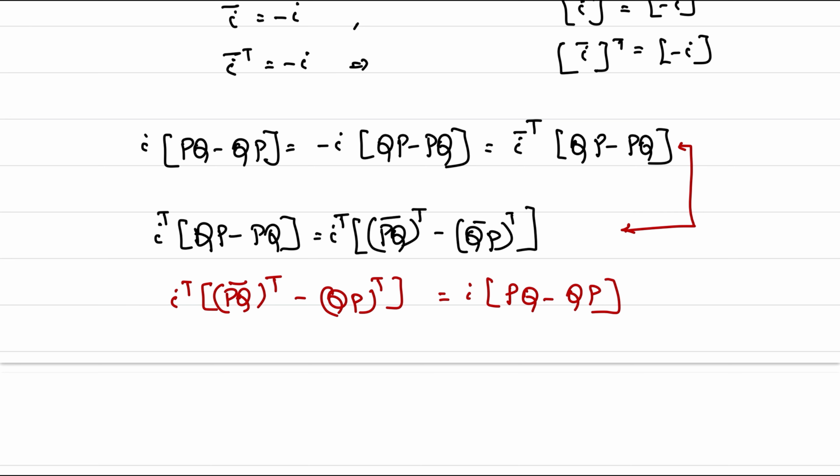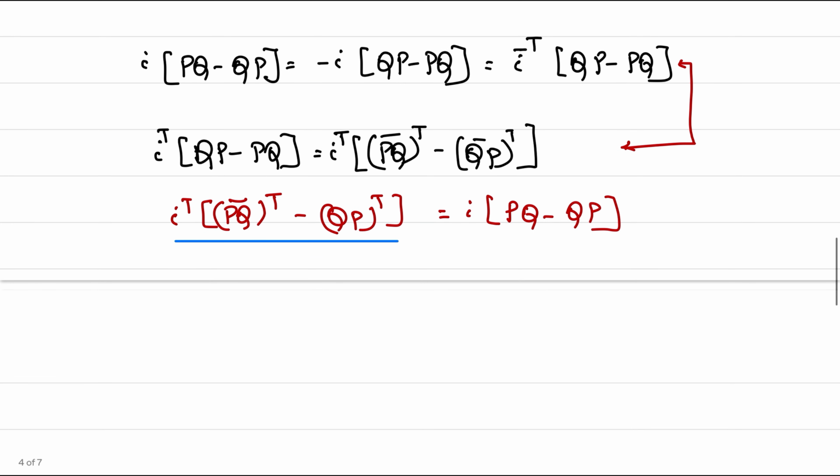This whole, how can it be written? This whole can be written as all are conjugate transpose. Here conjugate, here conjugate. When the whole thing is conjugate transpose, everything is conjugate transpose. Can we write like this?